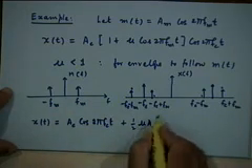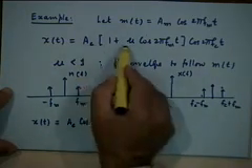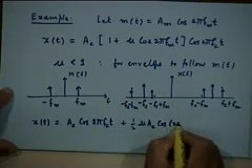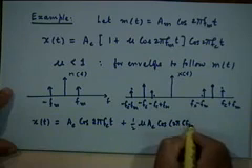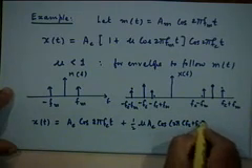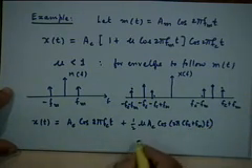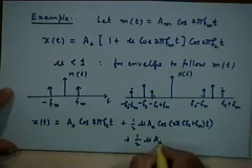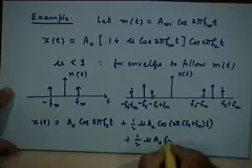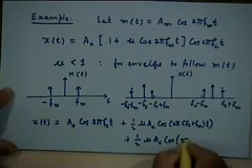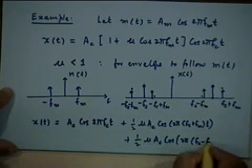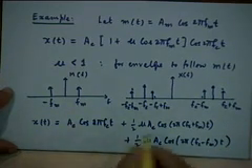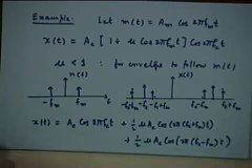The upper sideband will have an amplitude mu A_C by 2, and the signal there is cosine 2 pi (f_c plus f_m) t, right. Similarly, you have a lower sideband of amplitude half mu A_C, cosine 2 pi (f_c minus f_m) t, right. Just by simple trigonometric identities you can write this.